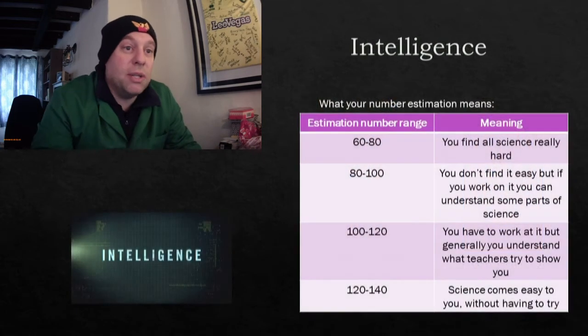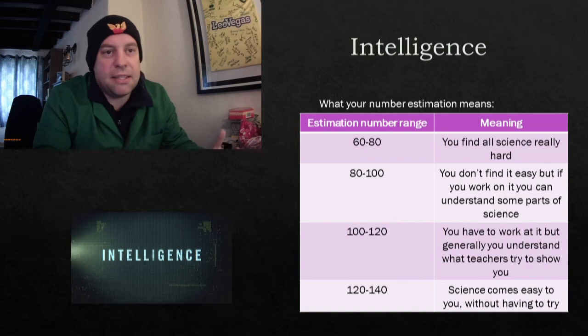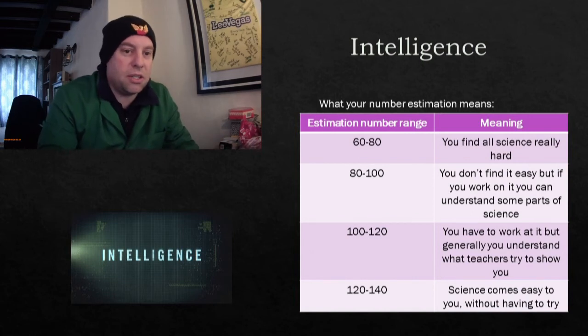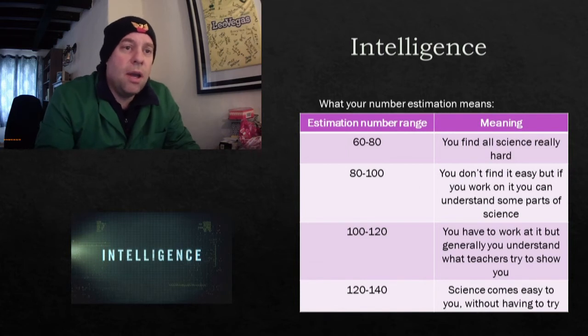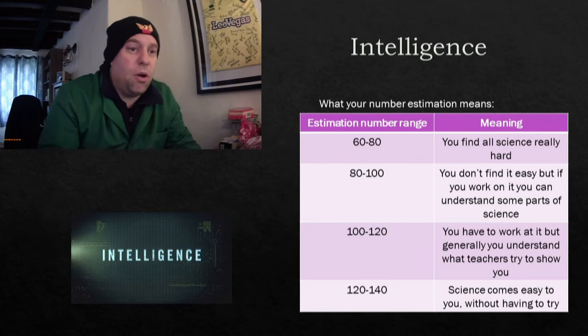Then we go to intelligence. This is not precise. It's just a way of estimating where you think you are, and there's no judgment on this. I'm never going to collect and look at these. If every single science lesson you find impossible and you think, I can't do it, then you're within 60 and 80 as an estimated number on this system.